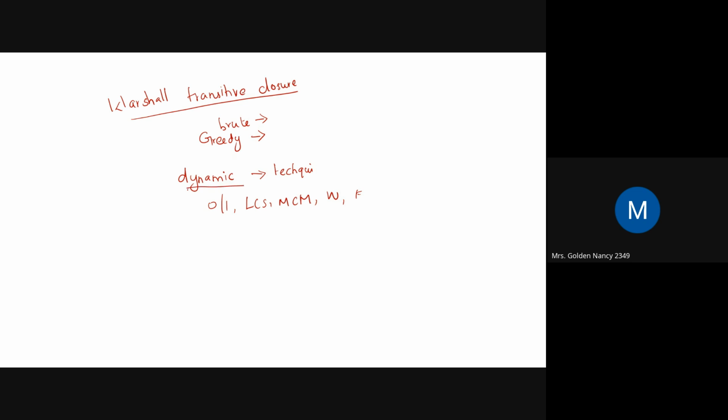The main aim of the dynamic programming approach is to divide a problem into subproblems. The subproblems will be further divided into sub-subproblems, and the values of the subproblems will be stored in a table called the memoization table.